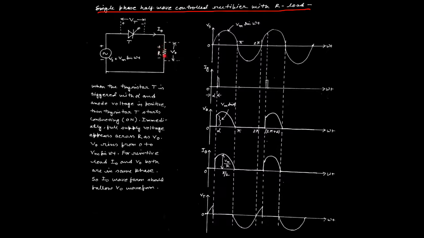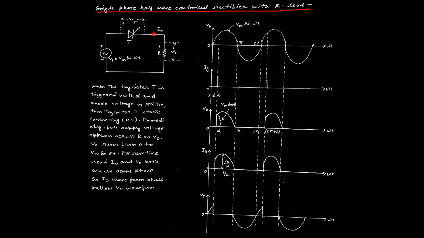A resistive load is considered, that is R, connected here, and the load voltage is defined by Vo. The thyristor is connected here, defined by T, and the voltage across the thyristor is VT.